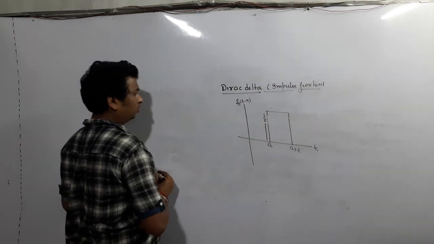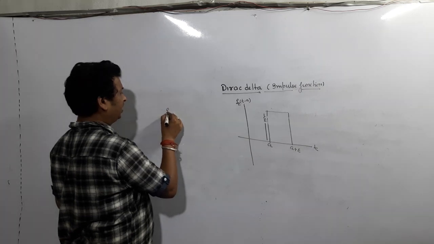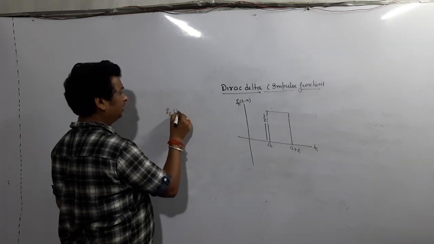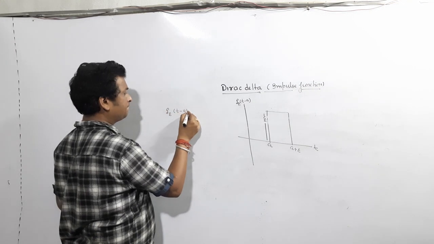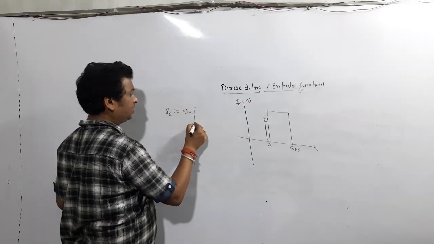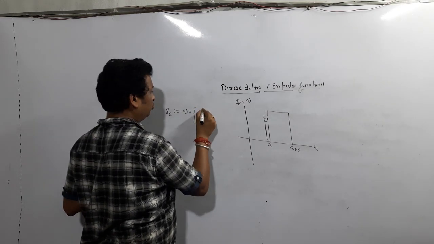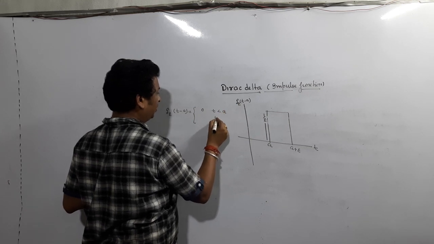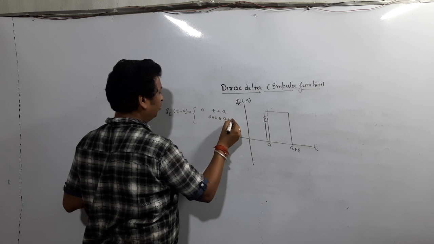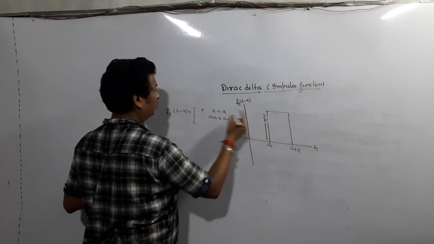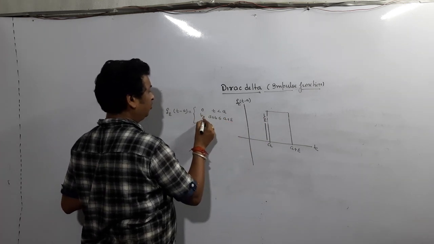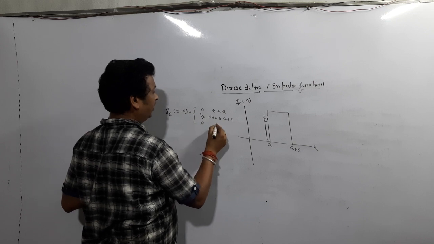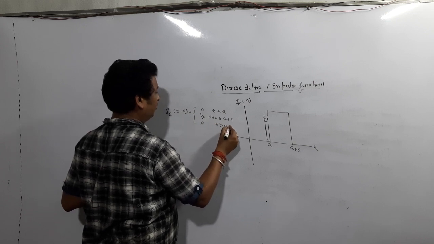So how do we define delta epsilon (t − a)? This is 0 for t less than a; for t greater than a and less than a plus epsilon, what is the value? 1 by epsilon; and 0 when t is greater than a plus epsilon.